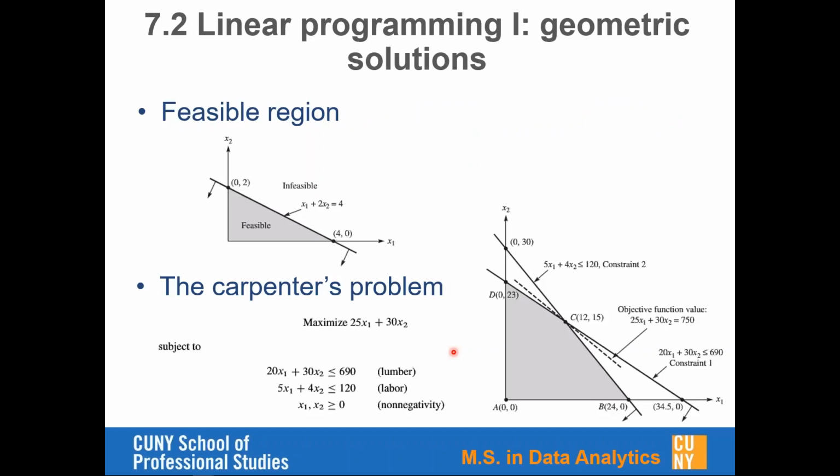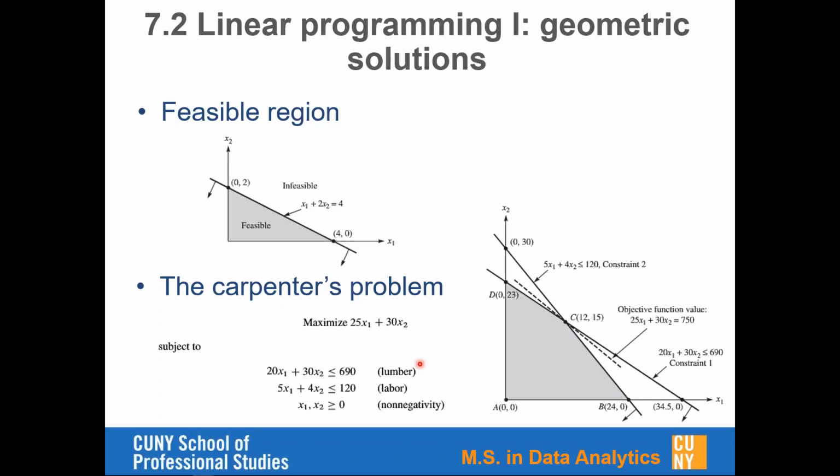And then let's go a little bit deeper on a specific example of linear programming. Suppose we are talking about a carpenter who has a limited supply of lumber, so he is thinking about how many desks or how many chairs he should produce using the limited supply of lumber that he has.